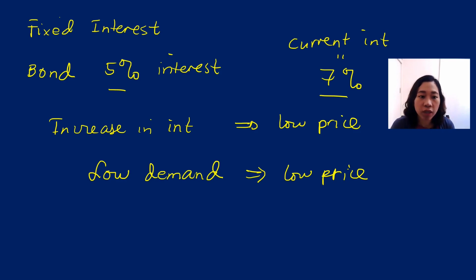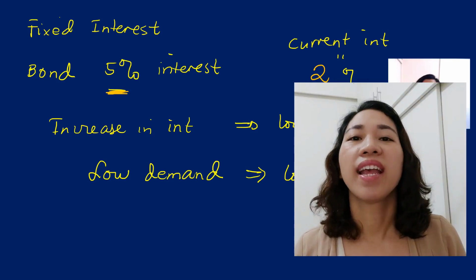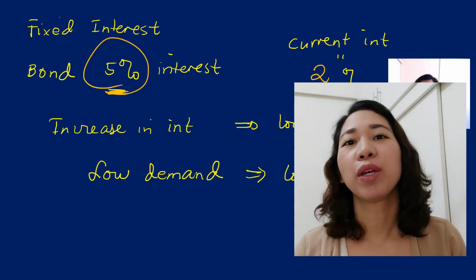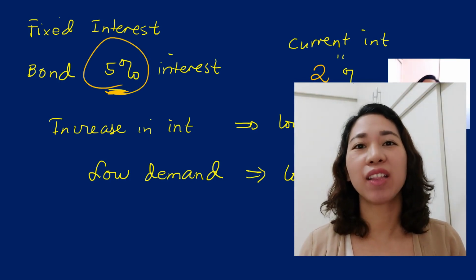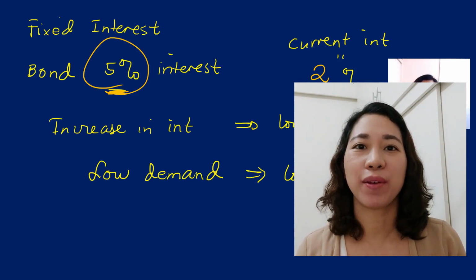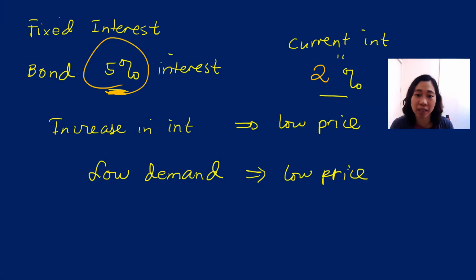Conversely, if the current interest is now lower than the interest of the bond, let's say this is only 2%, will this bond be attractive to you? Yes, it will be attractive because you will get 5% of your investment, right?